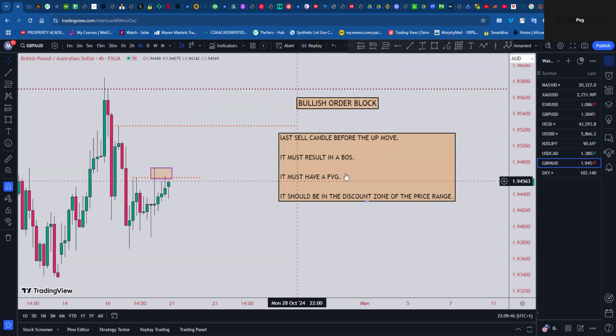It must have a fair value gap, and it should be in the premium zone of the price range. So I hope you will be able to mark out some unmitigated order blocks for me, both bullish and bearish. I want to see that tomorrow.